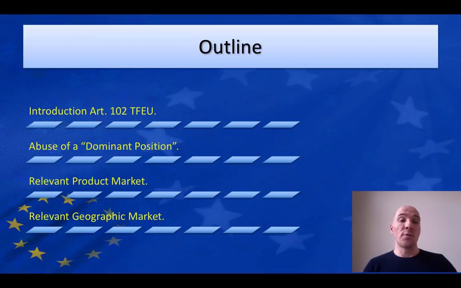Then we go to the relevant product market, and then we go to the relevant geographic market. And these two markets, the product market and the geographic market, they are important to establish whether there's a dominant position, because the dominant position is always there in relation to a certain market. So that's why we need to go through product market and geographic market.